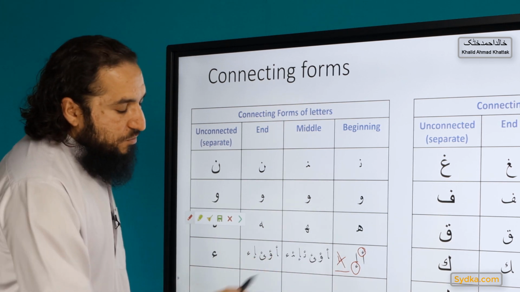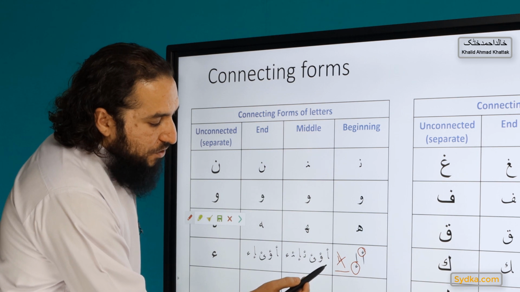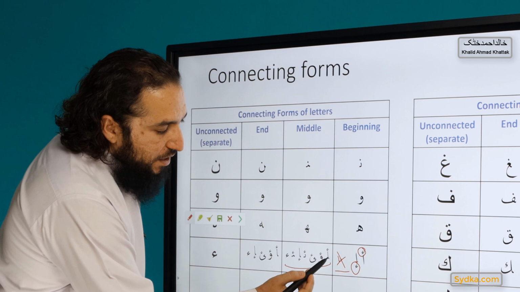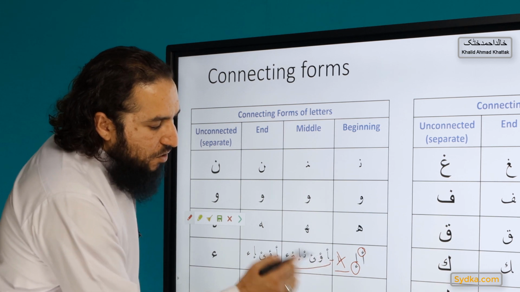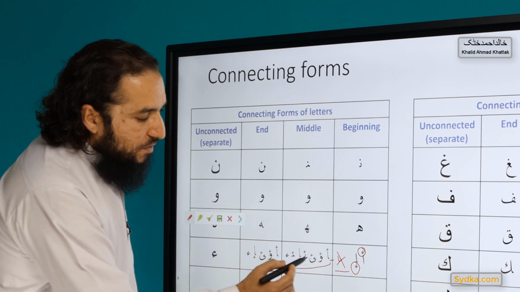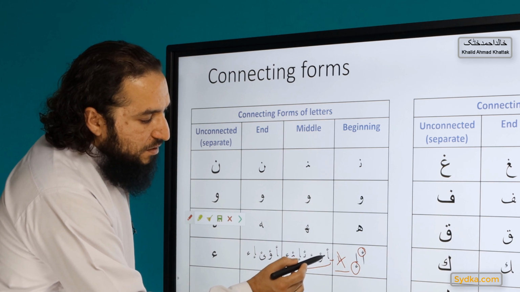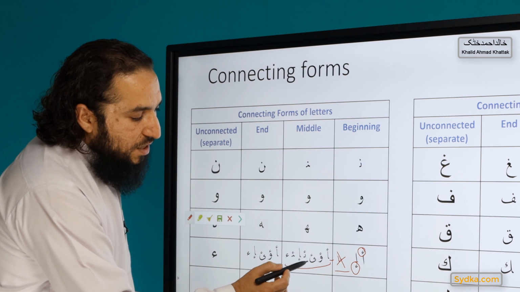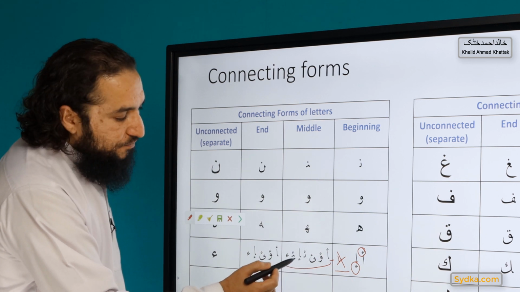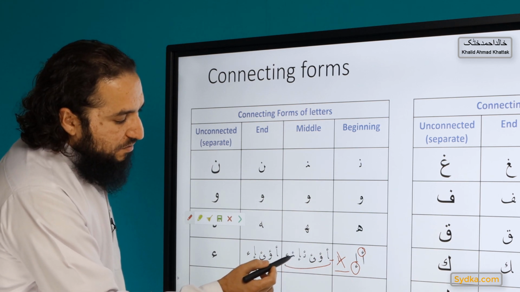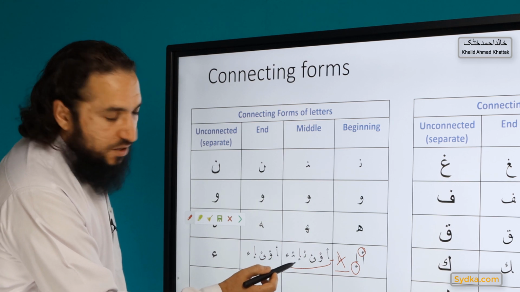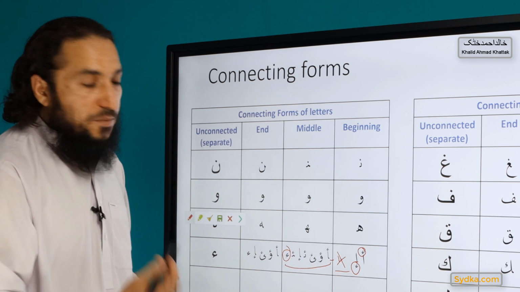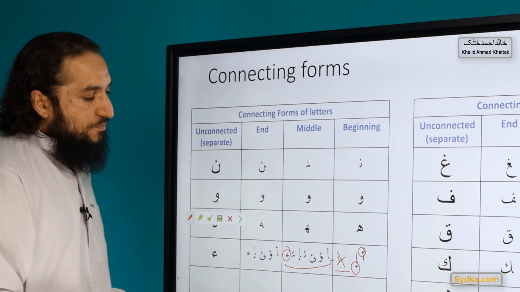If it comes in the middle, it uses chairs as well. For example, in this case, you can connect other letters before it, and it uses alif as a chair here. It uses waw as a chair here. It uses ya as a chair here, and you can see this is underneath as well. And sometimes you can use it independently in the middle of a word.